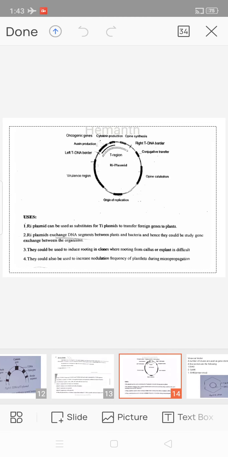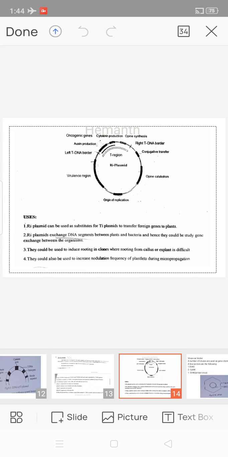plasmid. This is the structure of Ri plasmid. And uses of Ri plasmid. Ri plasmid can be used as a substitute for Ti plasmid to transfer foreign genes to plants.